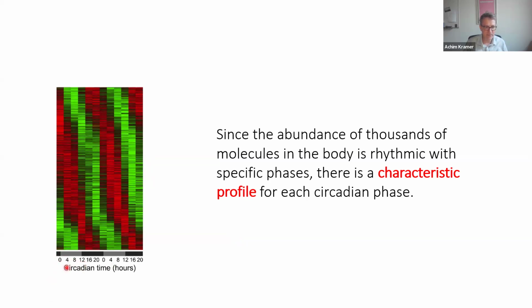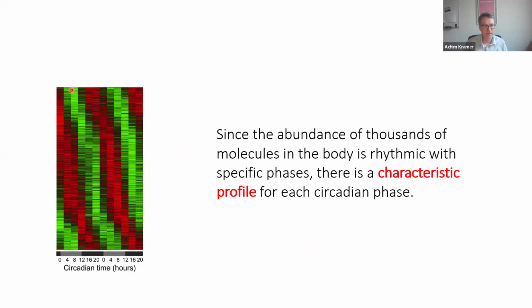So we harvested mice every 4 hours over 2 full days and measured all the genes, mRNA levels, the transcripts. And you see the abundance of thousands of transcripts in the body is rhythmic, in particular in these macrophages. And green is high and red is low.